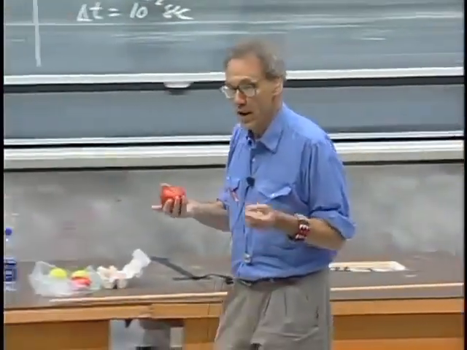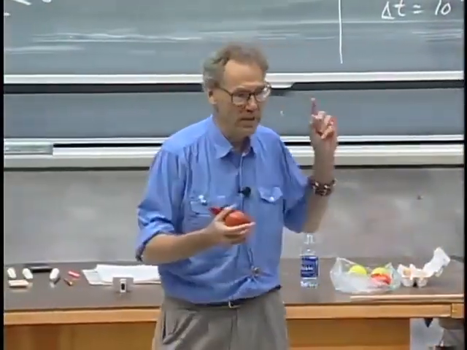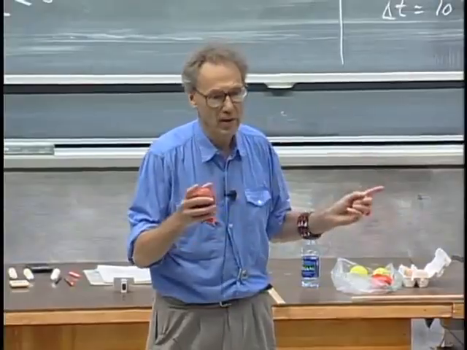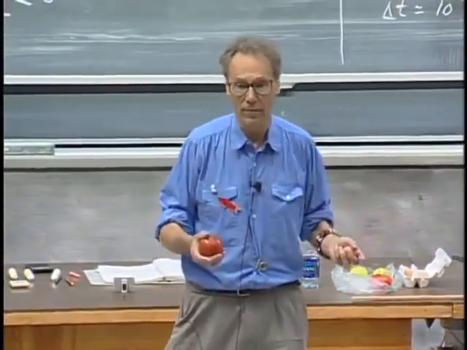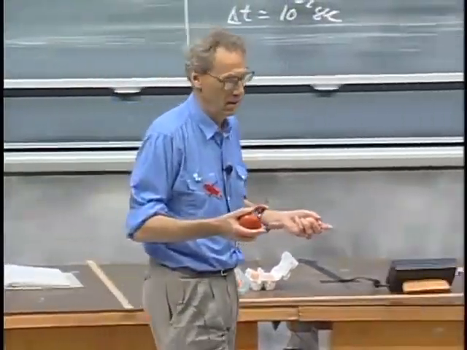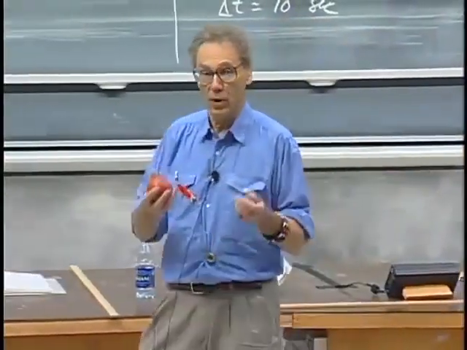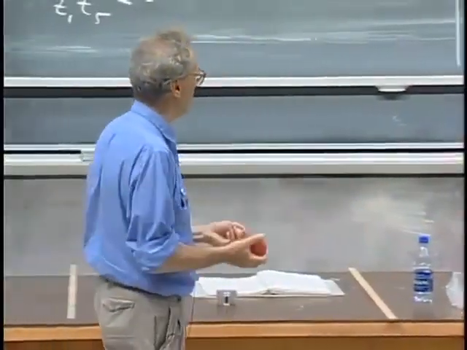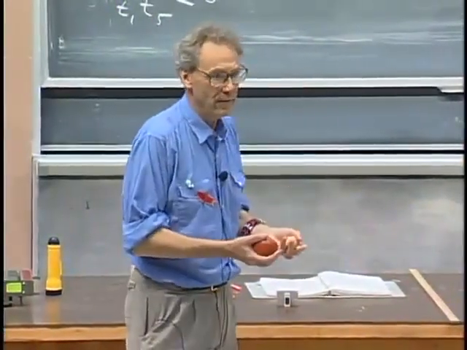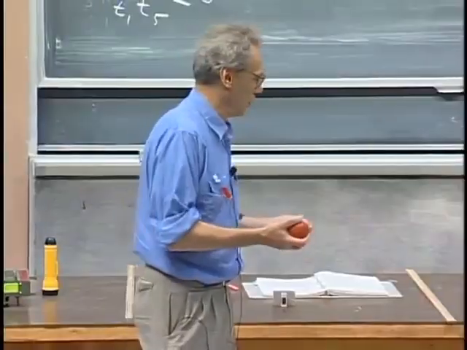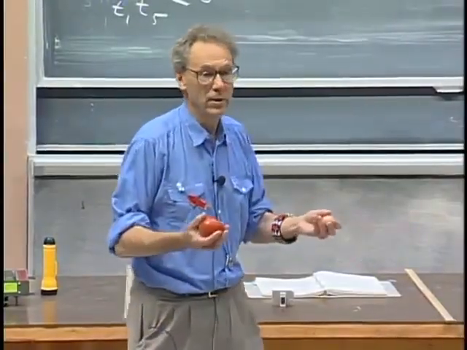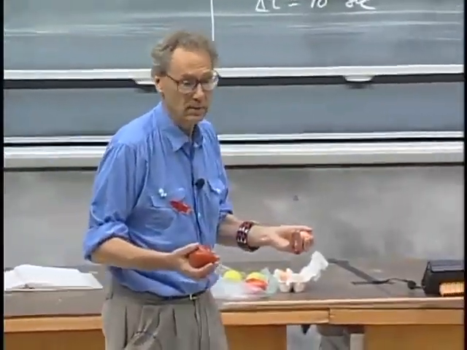So therefore, the change in velocity would not be 10, apart from the sign that you have to think about, but it would only be 5 meters per second. The impact time would probably be much longer, maybe a quarter of a second. So therefore, the average acceleration during the impact would be only 5 divided by 1/4, something like 20 meters per second squared.